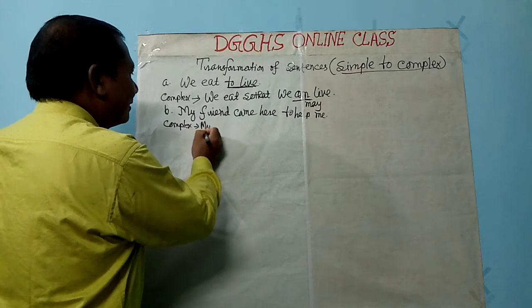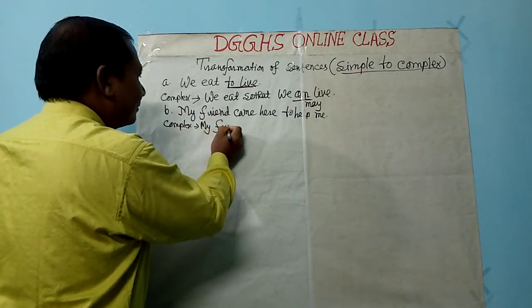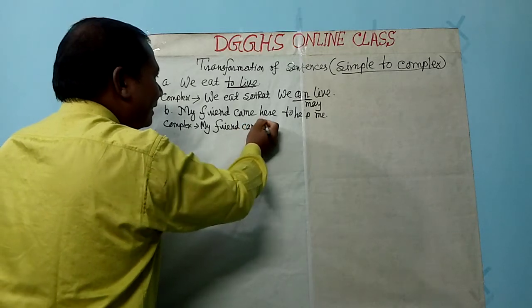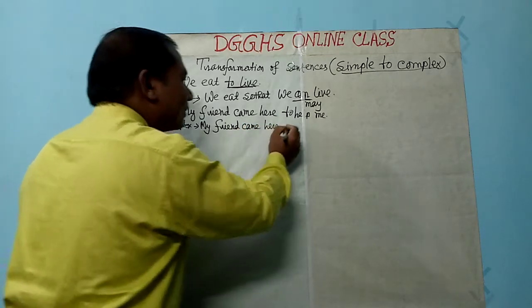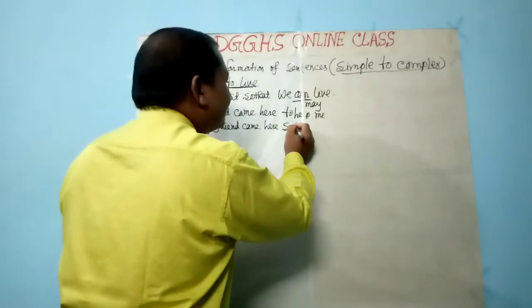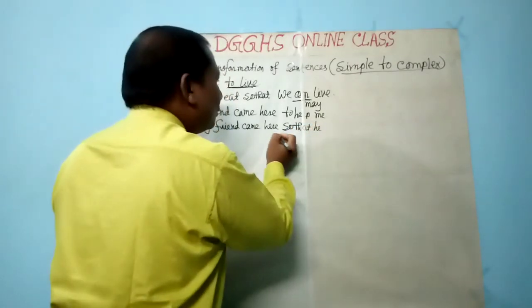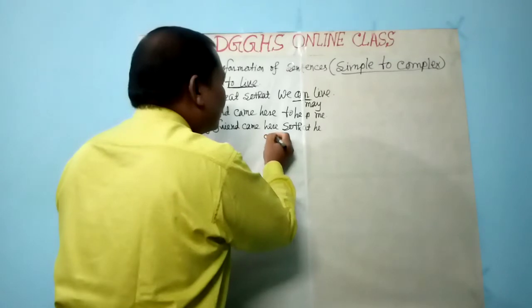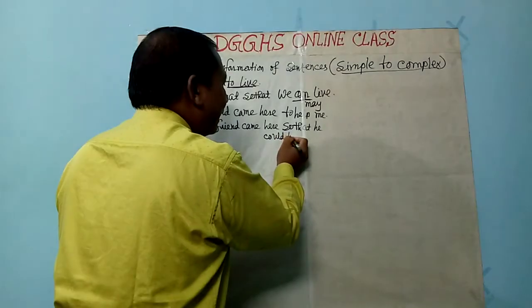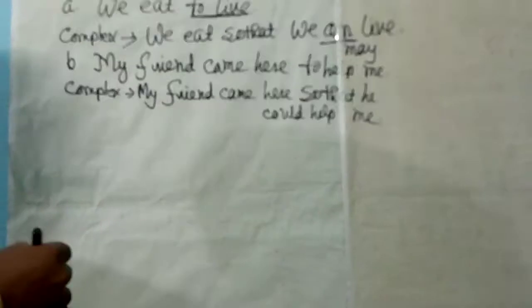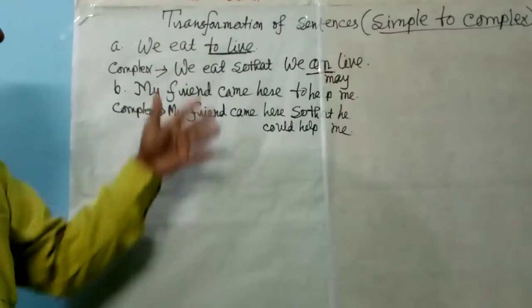So, complex: my friend came here so that he could help me. I think you are clear about this rule.